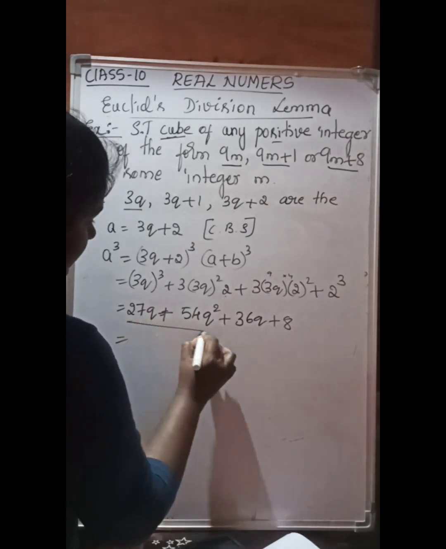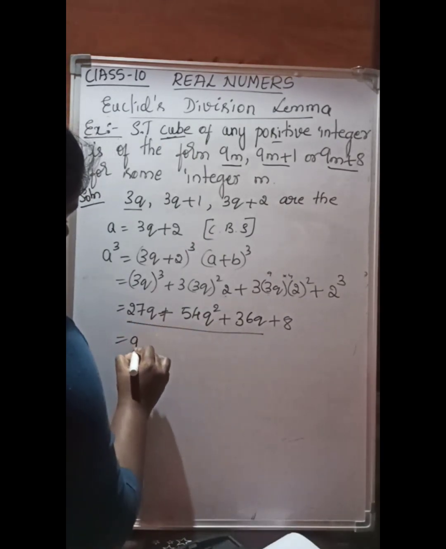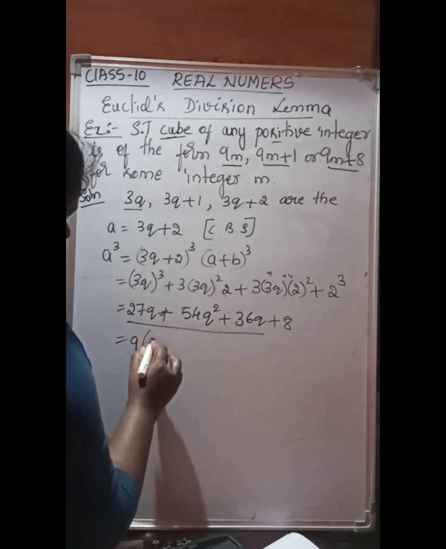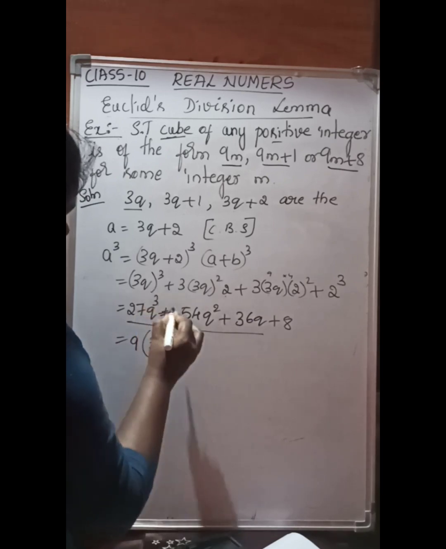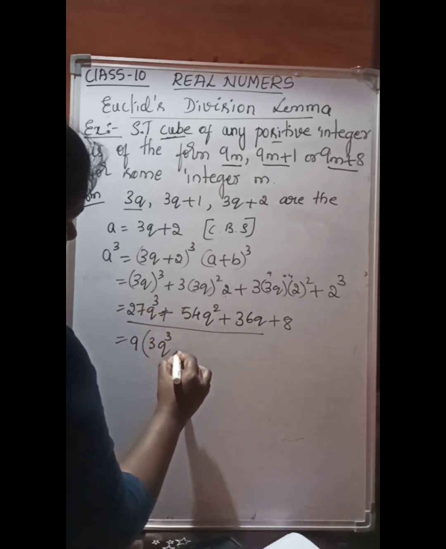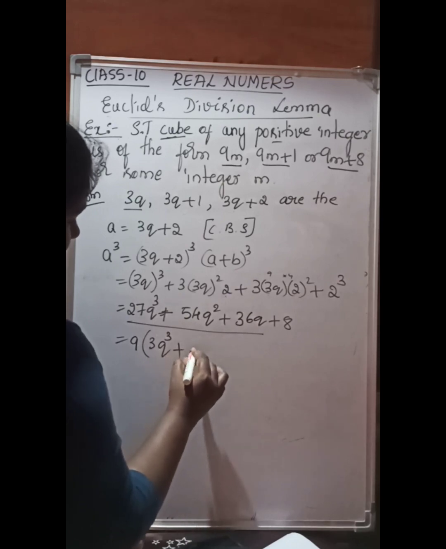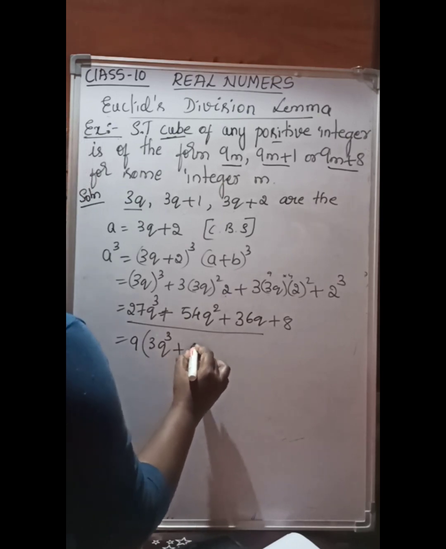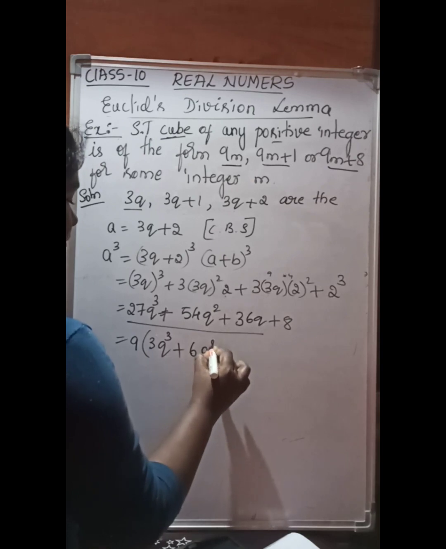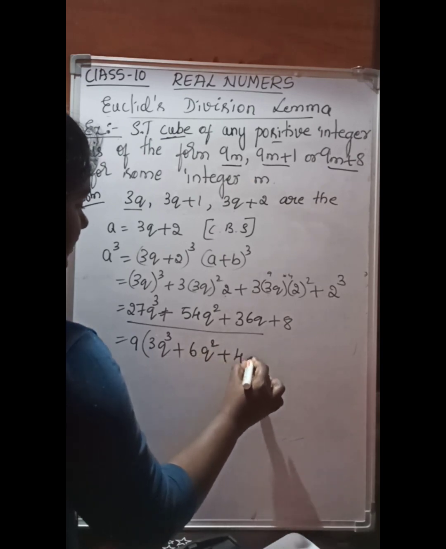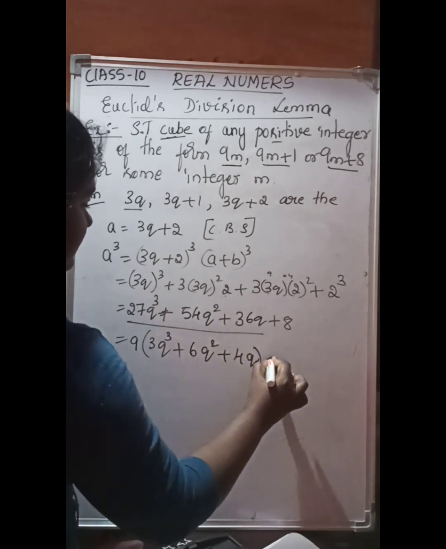Now take 9 common in this. If you take 9 as common, 9 3s are 27, q cube will be there, plus 9 6s are 54, then q square, plus 9 4s are 36q, plus 8.